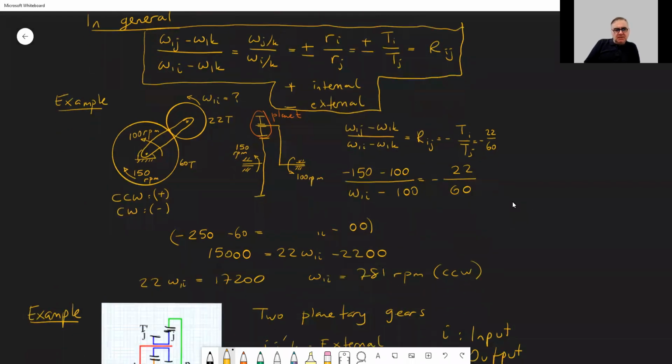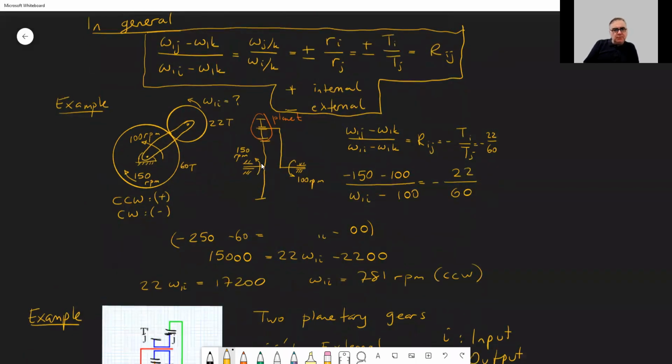Then I tried to solve a few problems. A few things are missing here.